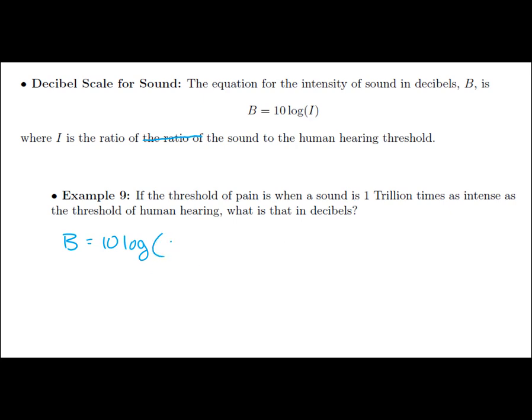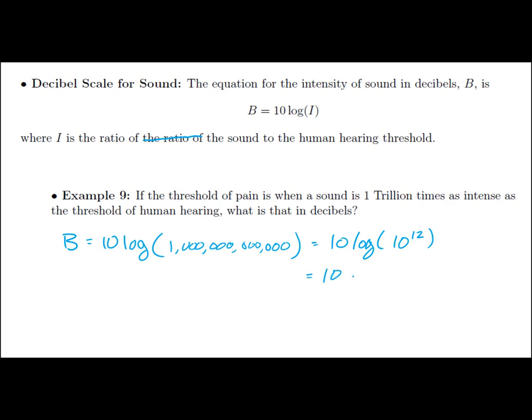Well, 1 trillion is 1 followed by 12 zeros: 1, 2, 3, 4, 5, 6, 7, 8, 9, 10, 11, 12. Lots of zeros there. And 1 followed by 12 zeros is just 10 to the 12th.